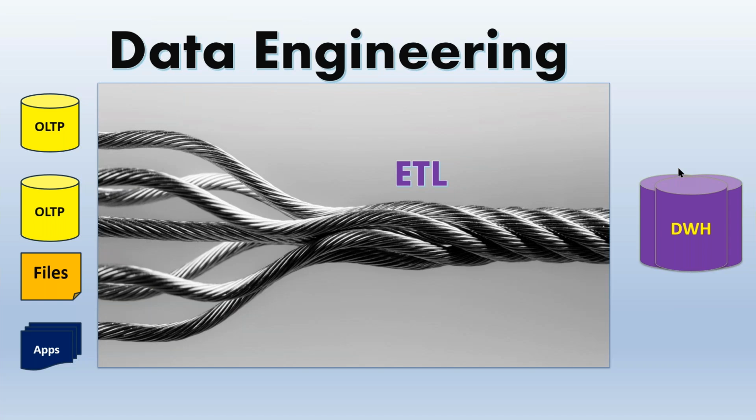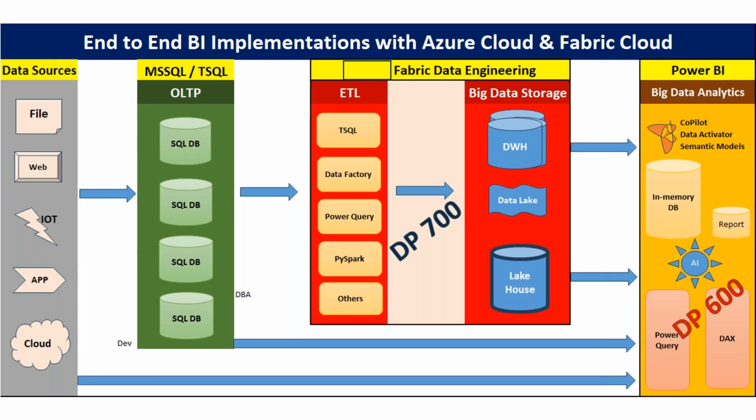To make it more clear, here it is, our actual lab plan from tomorrow. We need to read data from various data sources and get the data to the data warehouse.